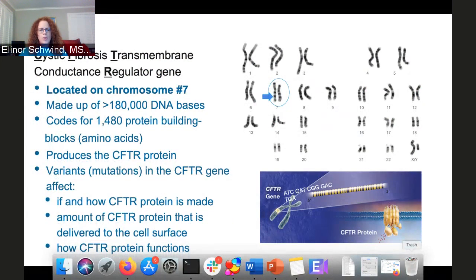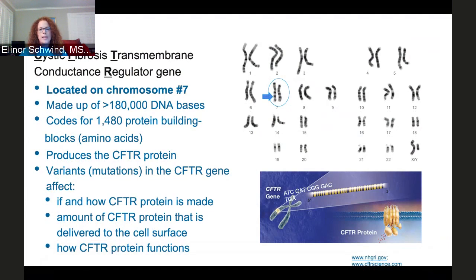The order of those chemical letters, which are read 3 at a time, instructs the cell to assemble about 1,500 building blocks of the CFTR protein. So the CFTR genetic instructions are followed in the cells of the lung, the pancreas, the skin, and other organs to manufacture gates, which are then packaged, delivered, and installed at the top of the cell. And these gates allow a part of salt molecules called the chloride ion to pass through.